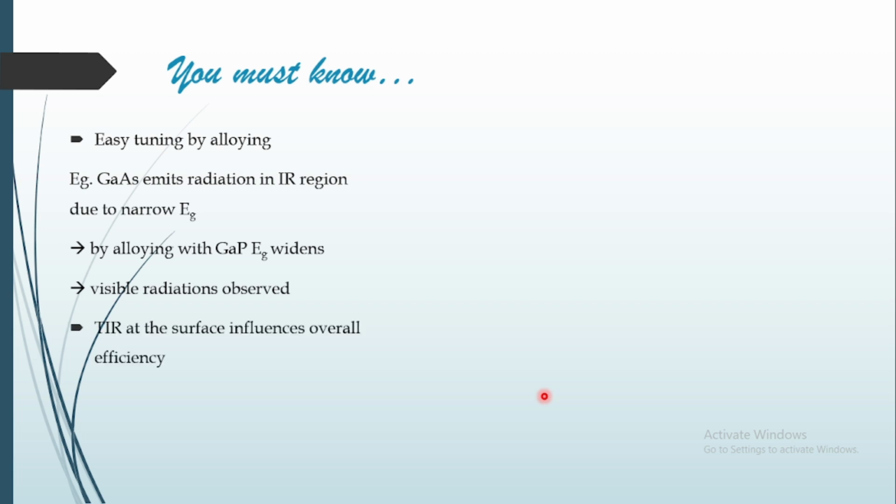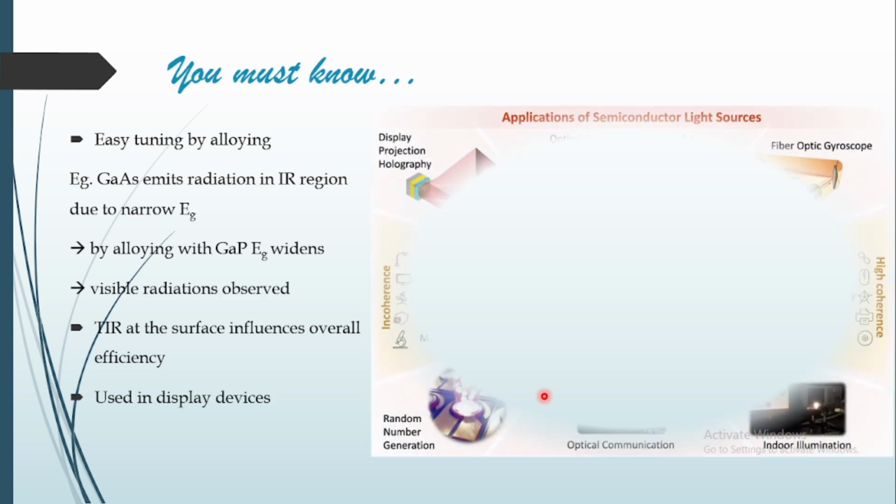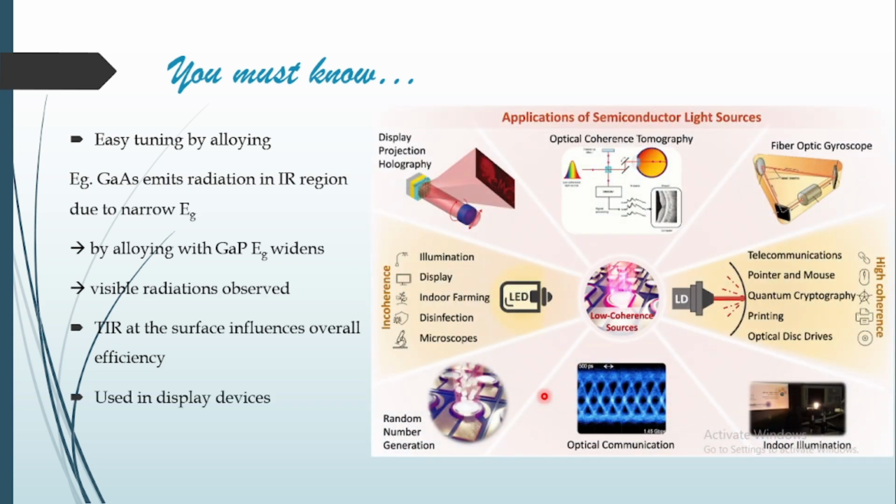Next is the total internal reflection of radiation at the surface, which is again going to influence the overall efficiency. And lastly, about the uses or applications. Mostly the semiconductor lamps or LEDs are used in display devices.